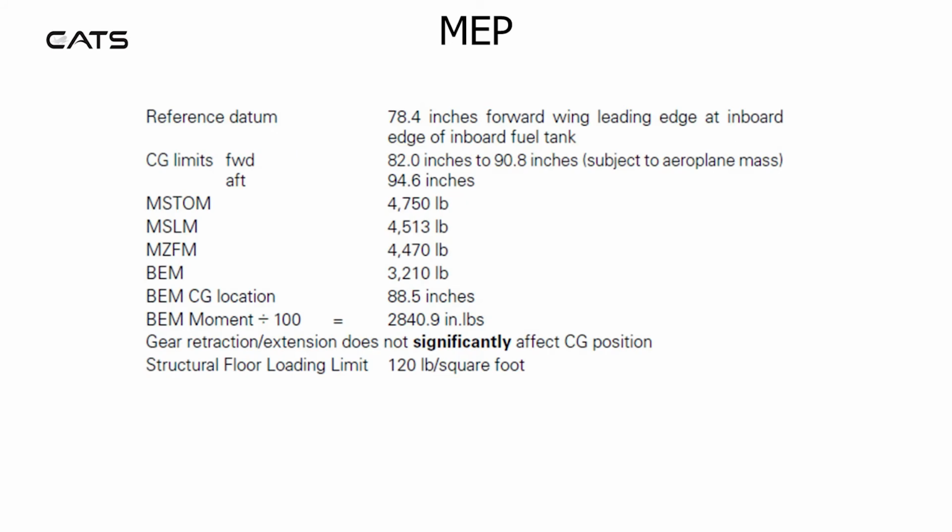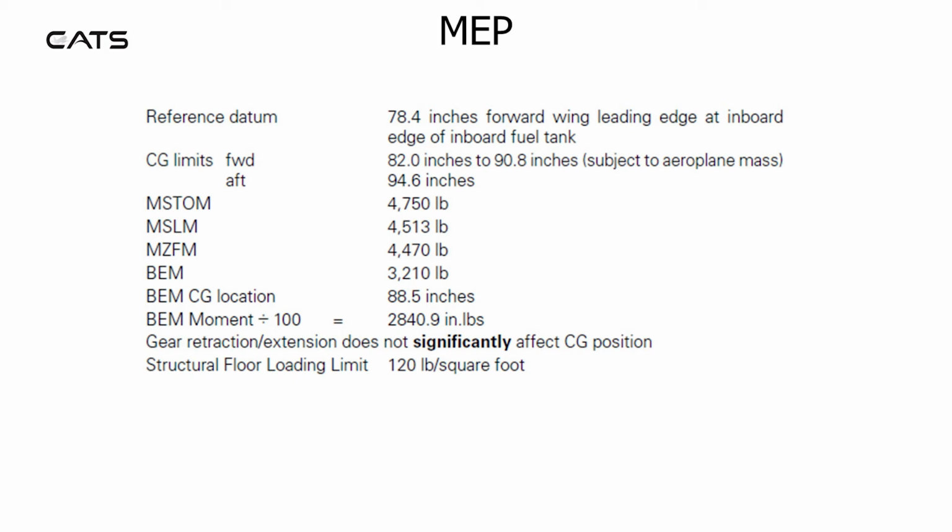The reference datum is 78.4 inches forward of the wing leading edge at the inboard edge of the inboard fuel tank. The CG limits at the forward position are 82.0 inches to 90.8 inches subject to aeroplane mass, and the aft limit is 94.6 inches.